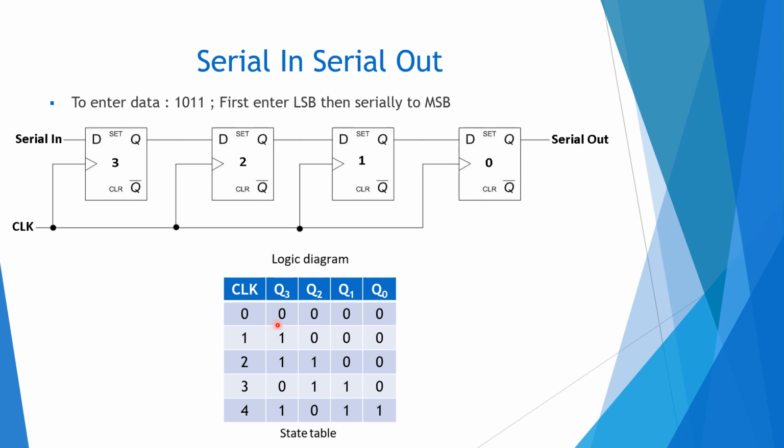At the first clock Q3 equals 1. At the second clock the first bit gets shifted to the second, and it becomes 1 1. At the third clock pulse it is 0 1 1. At the fourth clock pulse all the 4-bit data gets stored, that is 1 0 1 1.